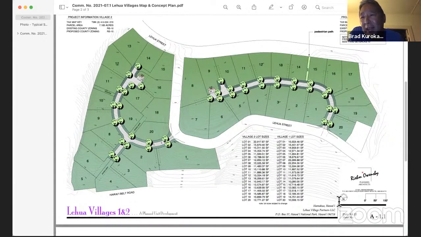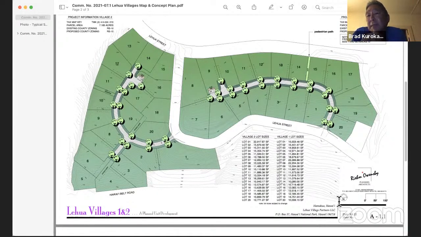I'm not gonna belabor it, but for higher density in town, you want to have interconnectivity of roadways so that you have alternative means and a distribution of the traffic, because there will be impacts. I'm familiar with the Lehua and that narrow winding road that leads back up and down into town.